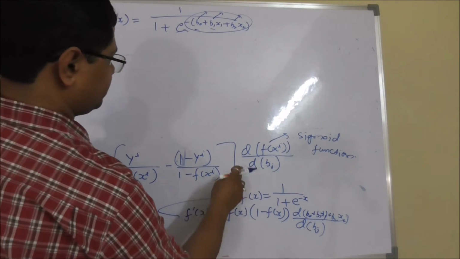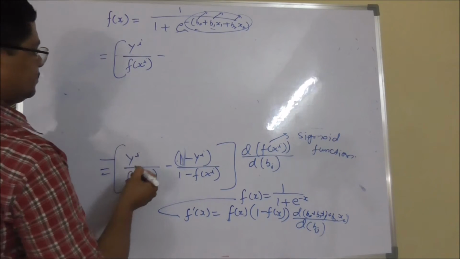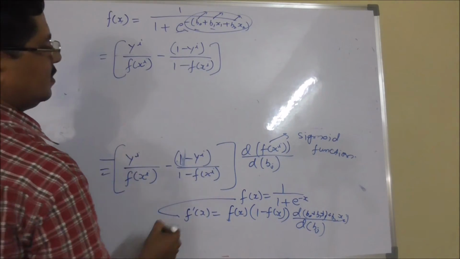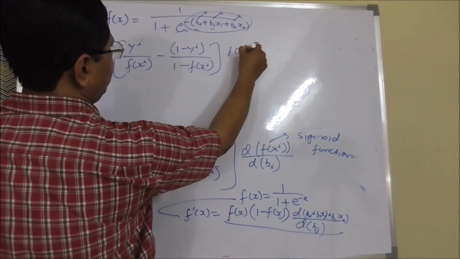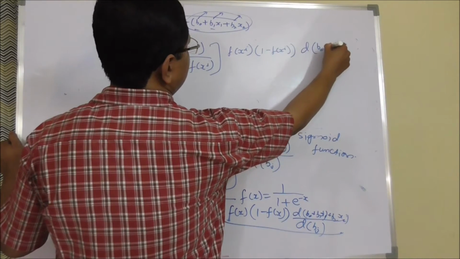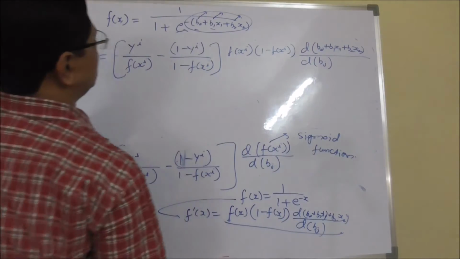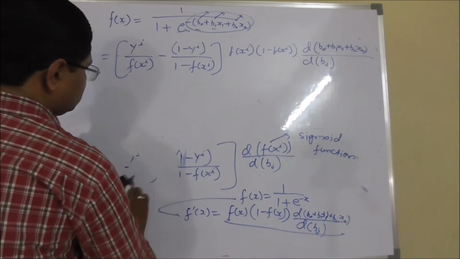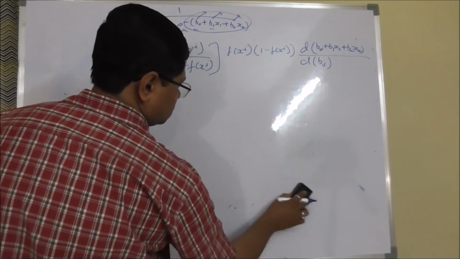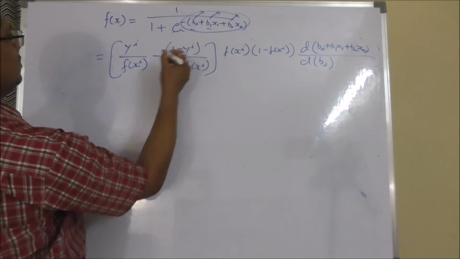We can write this part again as yi times 1 over f(xi) minus (1 minus yi) times 1 over (1 minus f(xi)), and again this part will go here, like f(xi)(1 minus f(xi)) times the derivative of b0 plus b1 x1 plus b2 x2 with respect to bj. Now we can simplify this part by taking the multiplication.